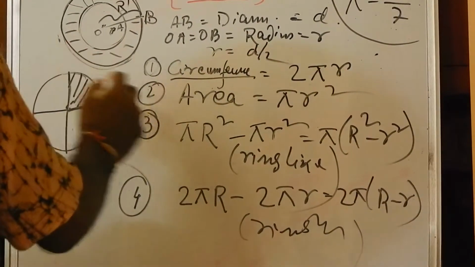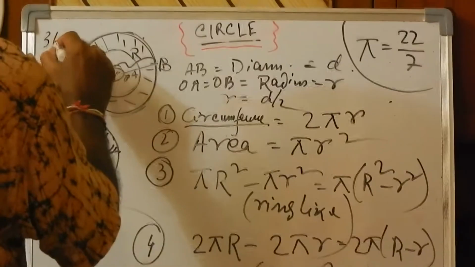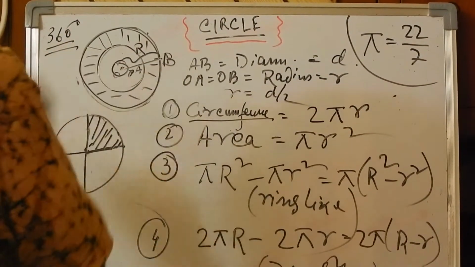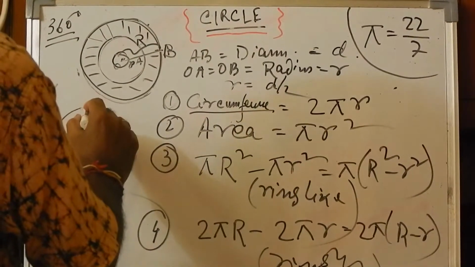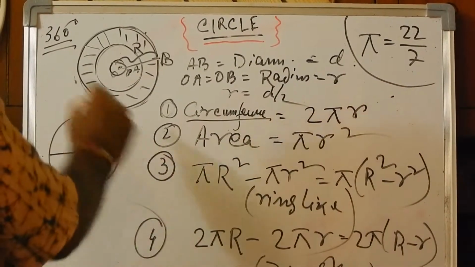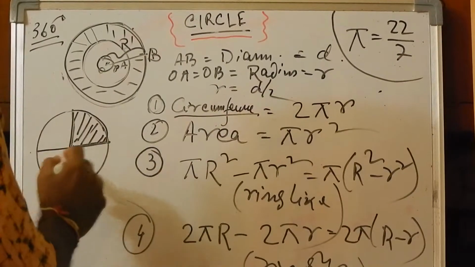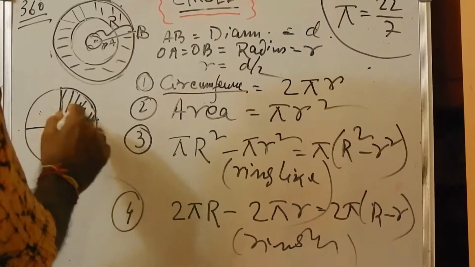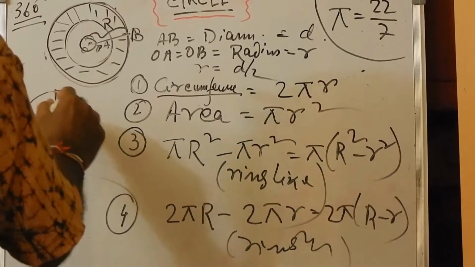Then what we earlier told you, that this angle is 360 degree at any center, 4 into 90 degree. So if we find the area of the total circle and divide it by 4, because there are 4 equal sections, we will get the area of this portion only.